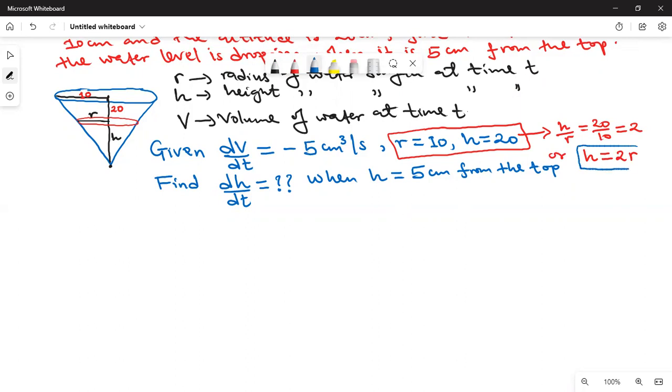That's very important. Now, what is the formula for finding the volume of a cone? Volume of a cone is the same as 1/3 pi r squared h. Because I need a relation between volume and height, so I'll get rid of the radius.